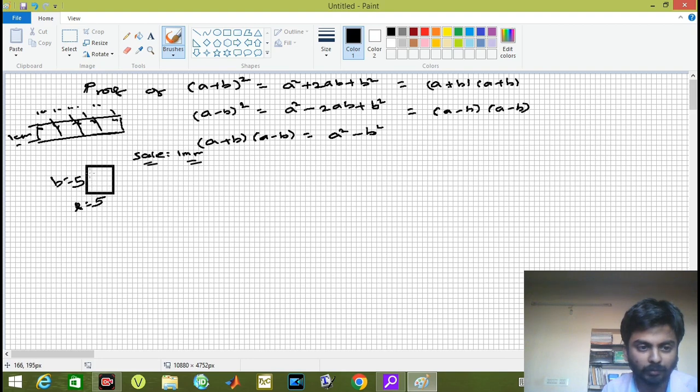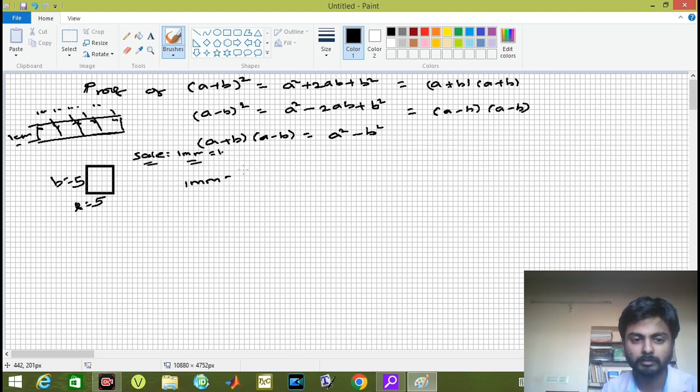So the scale will be, in the x-axis, 1 millimeter equal to 1 unit, and in the y-axis also 1 millimeter equal to 1 unit. You have to watch my words very clearly, since my writing will be very small and sometimes it may be unclear.